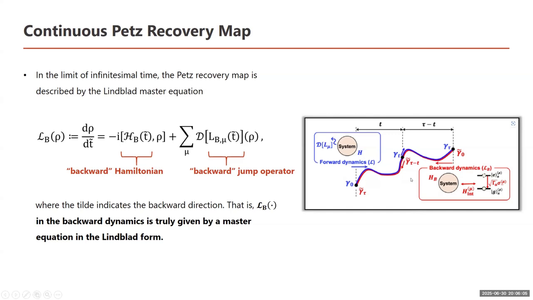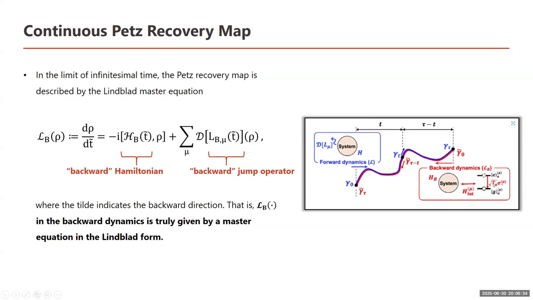The reverse dynamics, expressed with this Lindblad master equation, is shown in the red line, and starting from tau to time 0, it can be described by the Hamiltonian H_B and the jump operators L_B mu.